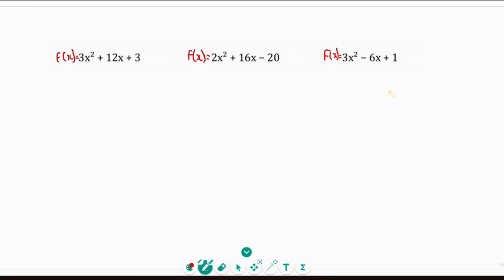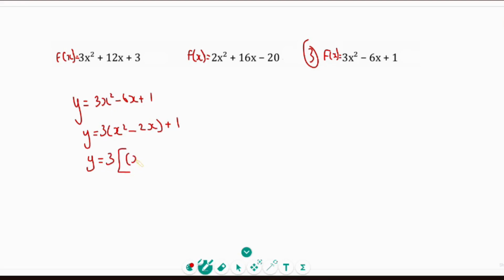Last question. Complete the square. Half of 2 is 1.